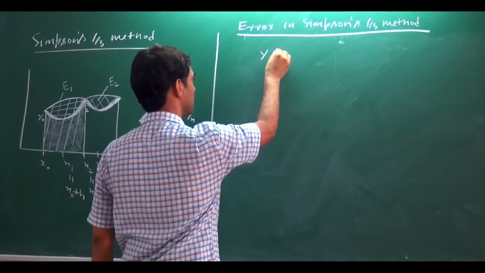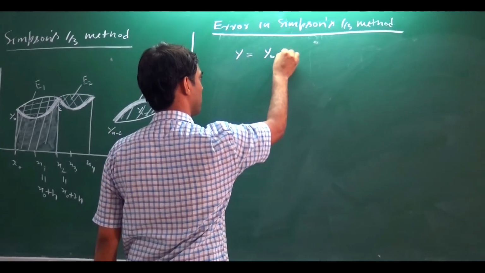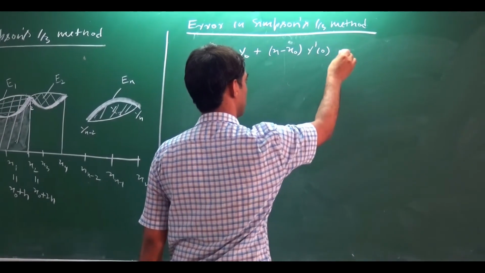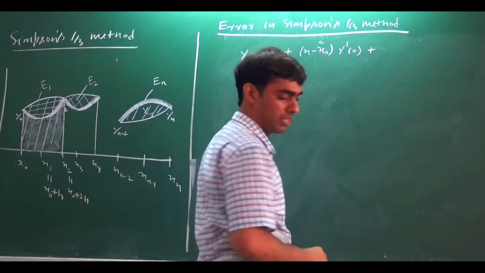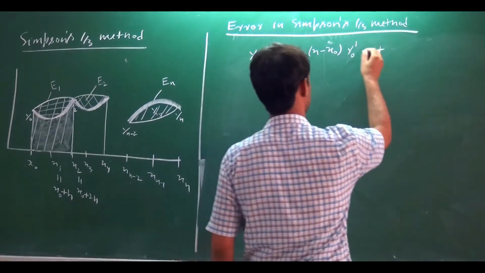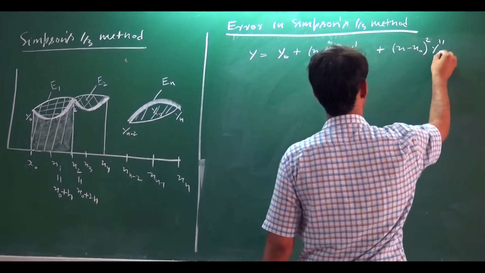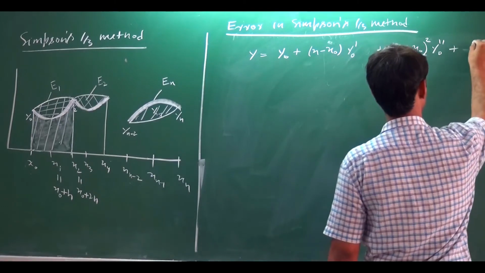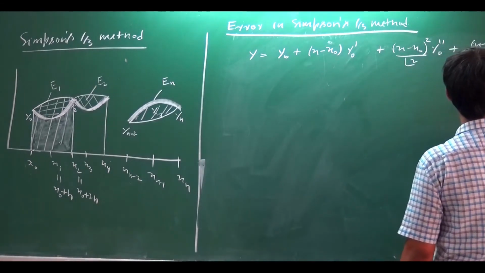As we know, the Taylor series is y equals y0 plus (x minus x0) y0 dash plus (x minus x0) whole square upon factorial 2 y0 double dash, and similarly all other terms, (x minus x0) whole cube upon factorial 3 y0 triple dash, and so on.